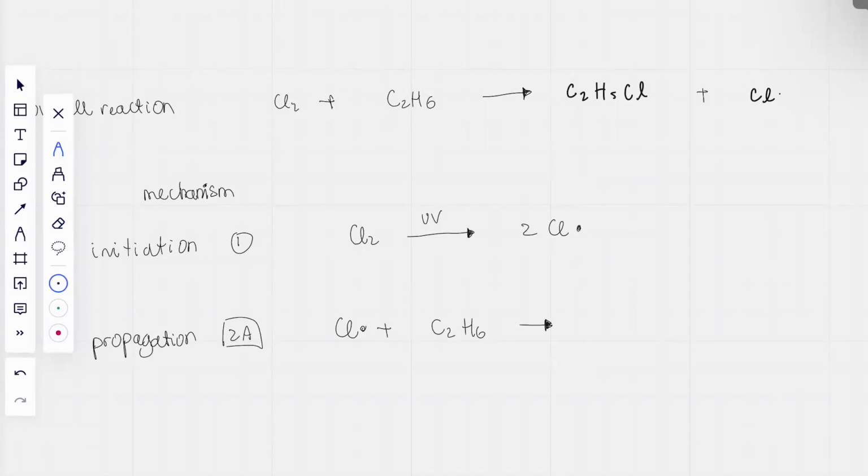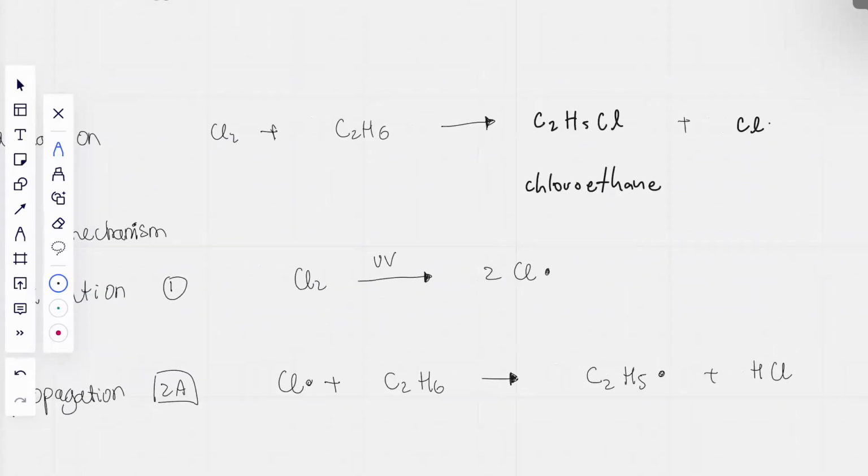Write down the name of the product. Chloroethane. Yeah, very good.